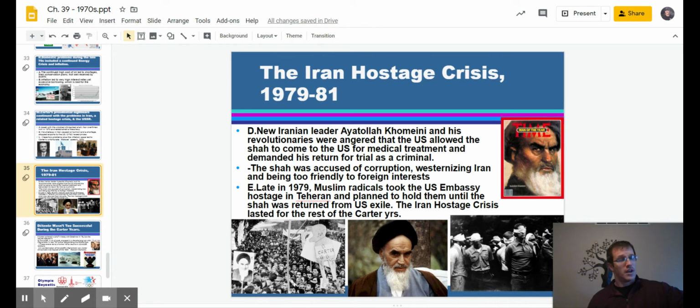There's a movie, I believe it's called Argo, that was made several years ago. I personally had never seen Argo, but it also has to do with the Iran hostage crisis. And the crisis does not end until very shortly after Carter has left office, and Reagan has taken over.